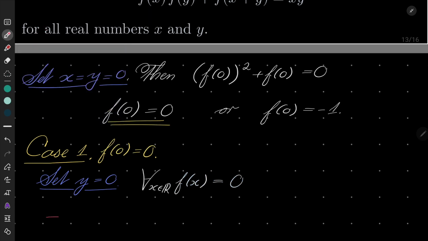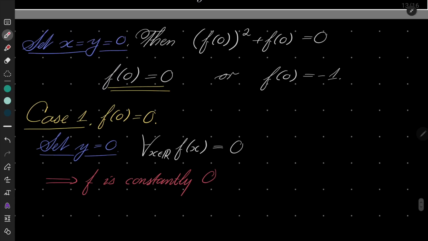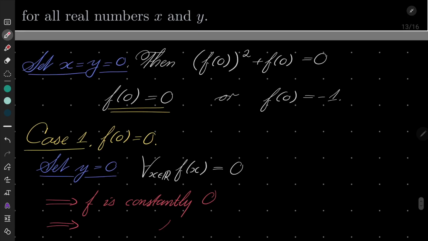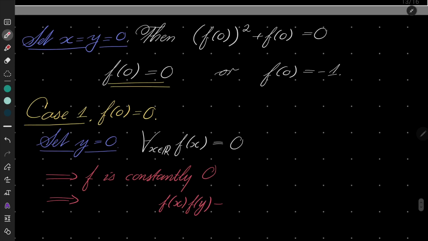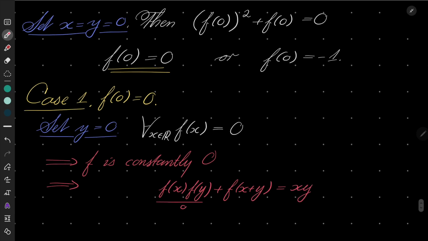But constantly 0 is not possible, because f(x) times f(y) plus f(x+y) equals x times y would then mean that 0 equals x times y for every real number x and y, which is obviously not true.